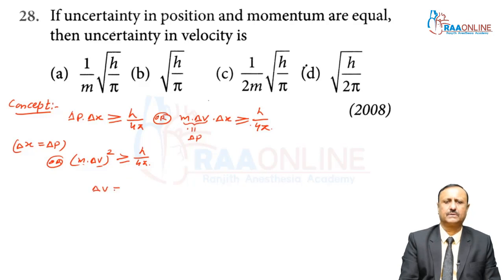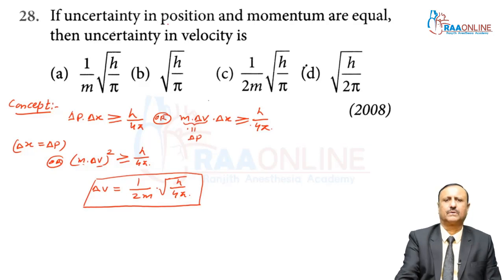So delta V is equal to 1 upon 2 m, and this is h upon 4 pi. Because position is delta x and momentum is delta p, both are equal in this question.